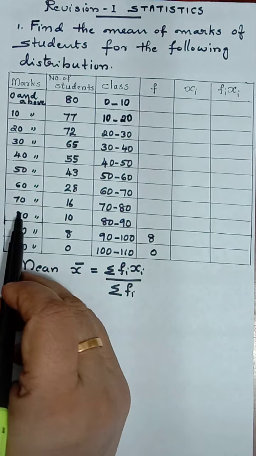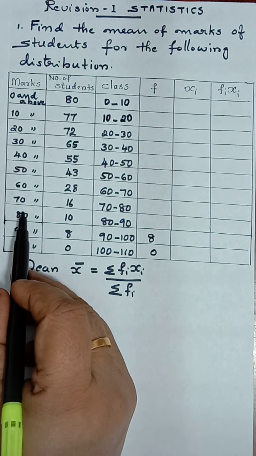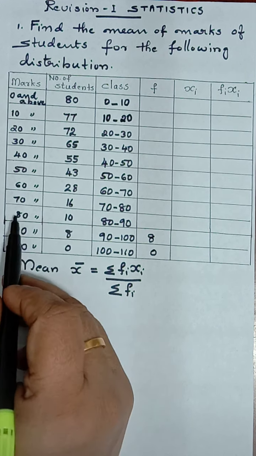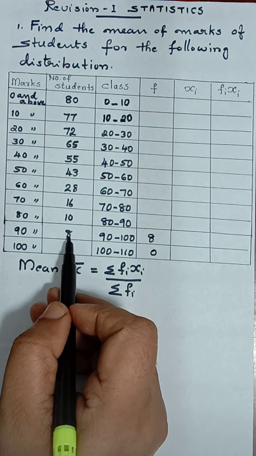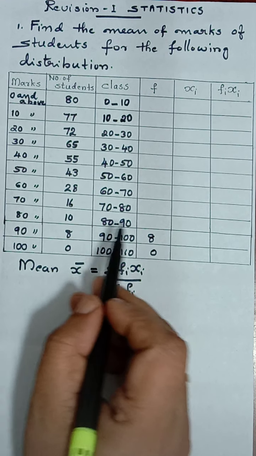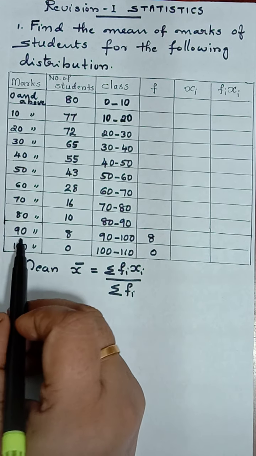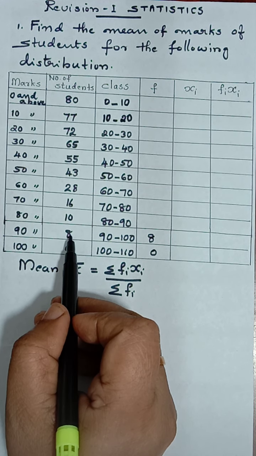Okay. Now 80 above, 10 students. 80 above, it is actually 80 and above, 10 students scored. We know 90 above, 8 students scored. So in between, 80 to 90, how many scored we have to find out. 90 marks and above, 8 students scored.